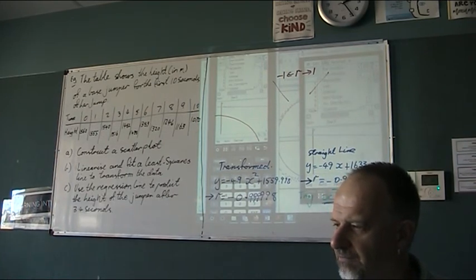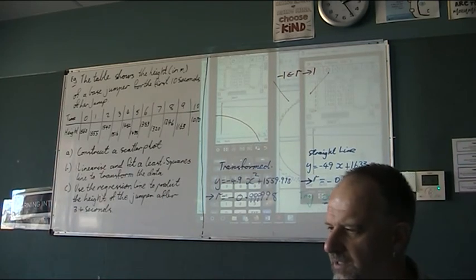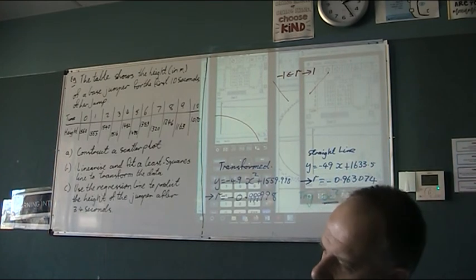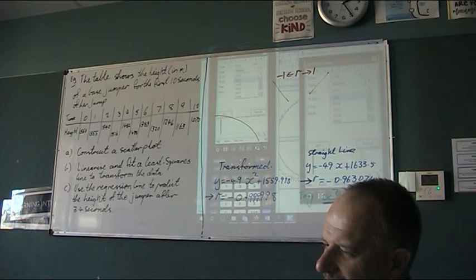Alright, calc, regression, linear reg, list 4 and list 2. There we are. Okay. Why is it not doing that? Don't you love it? Very smooth. Oh, tutorial smooth. I'm so good at this, aren't I? It's like your teacher. Lucky.